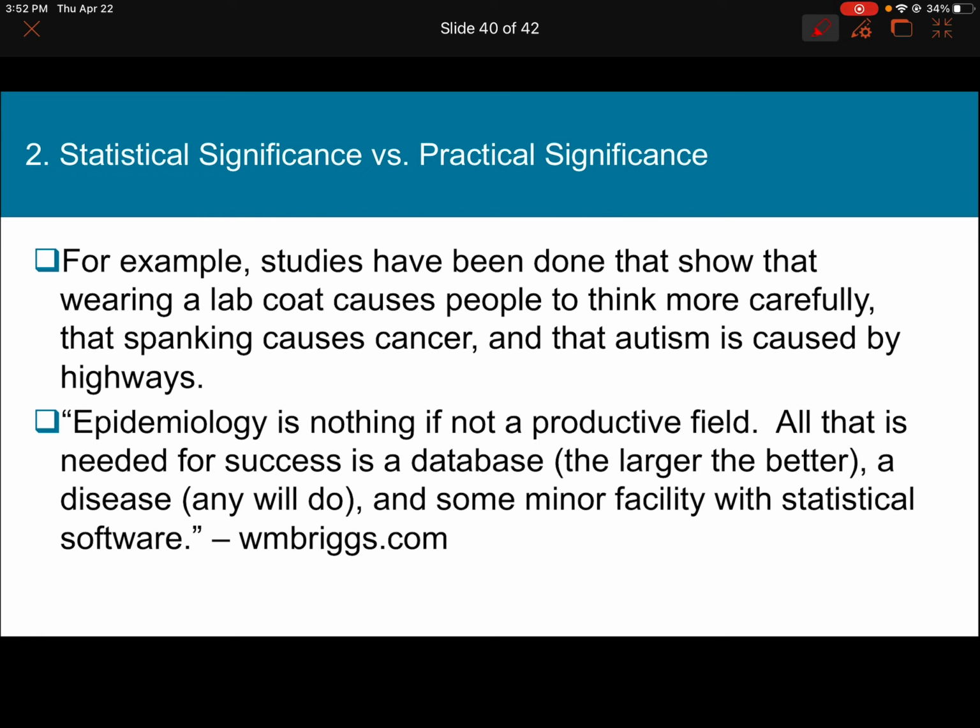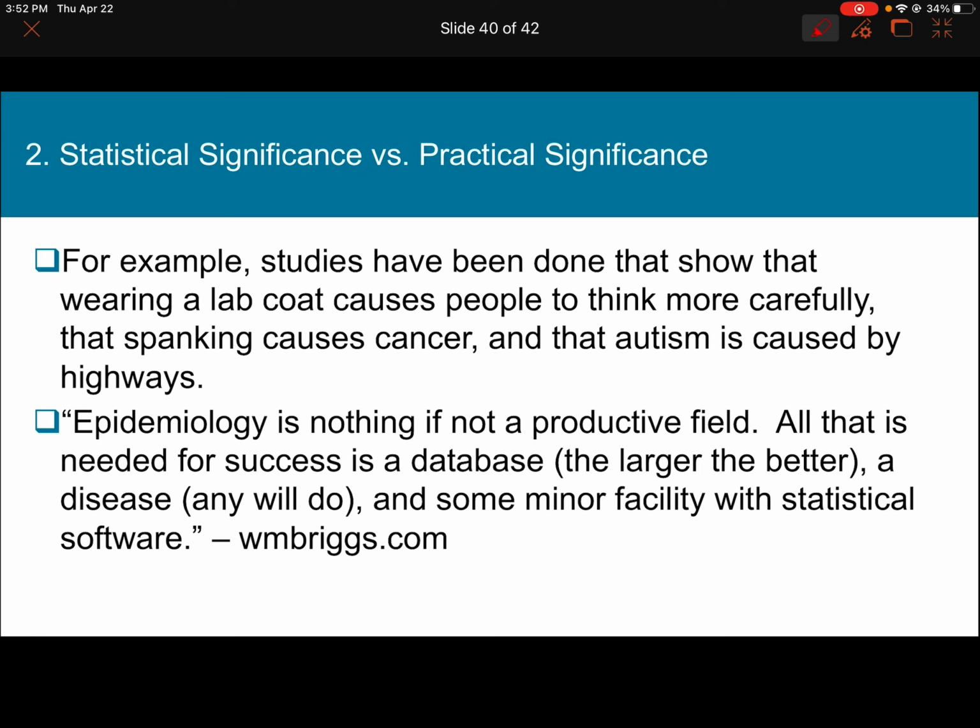For example, studies have been done that show that wearing a lab coat causes people to think more carefully, that spanking causes cancer, or that autism is caused by highways. None of these have practical significance. They did have statistical significance, where the null hypothesis was rejected, but it doesn't really have practical applications for us.